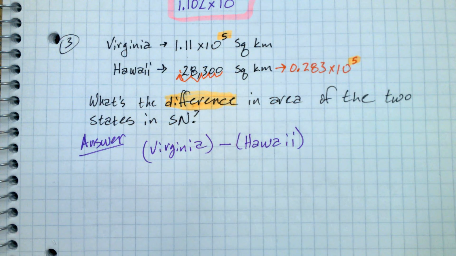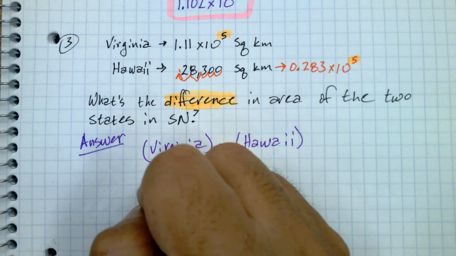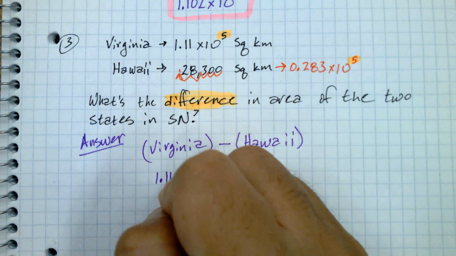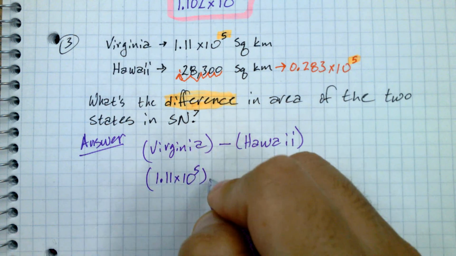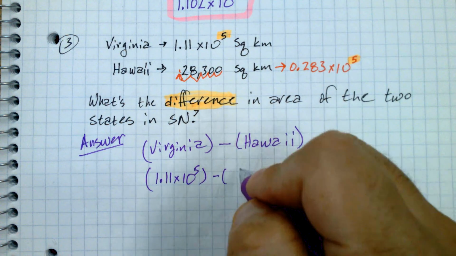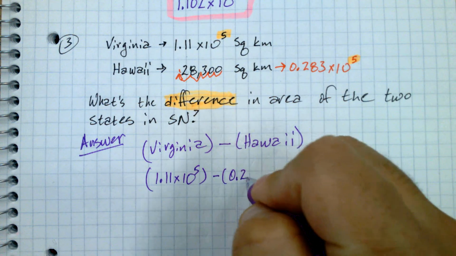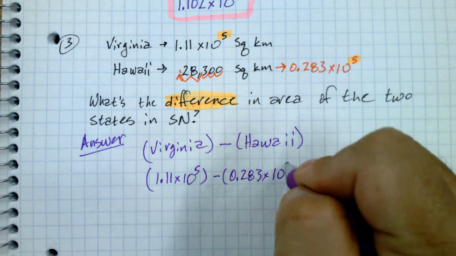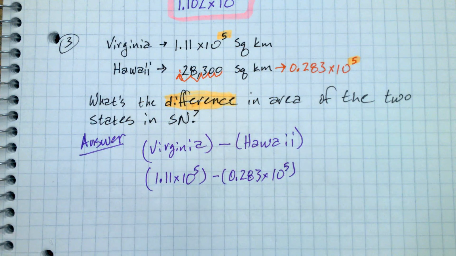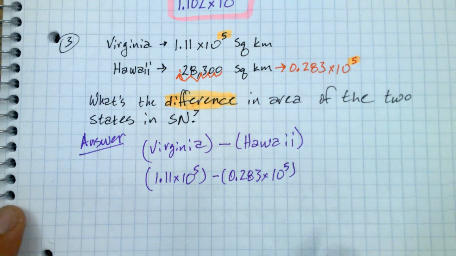Okay, so let me write that down. 1.11 times 10 to the 5 minus 0.283 times 10 to the 5. I can do my side math over here.